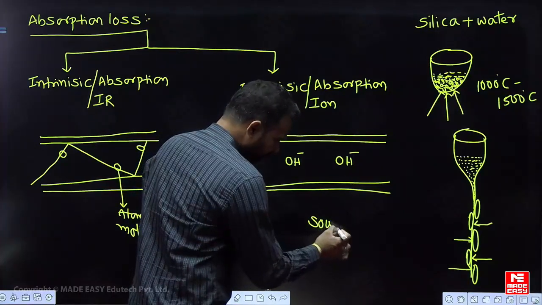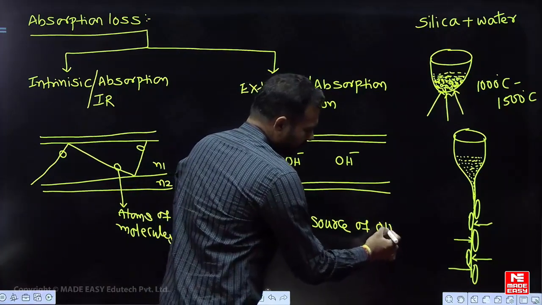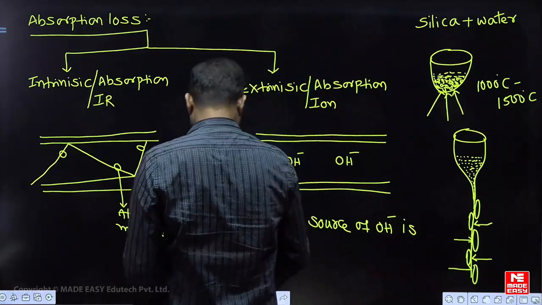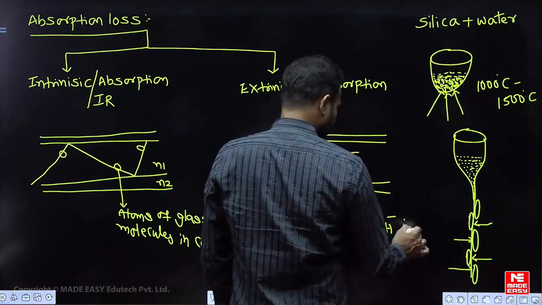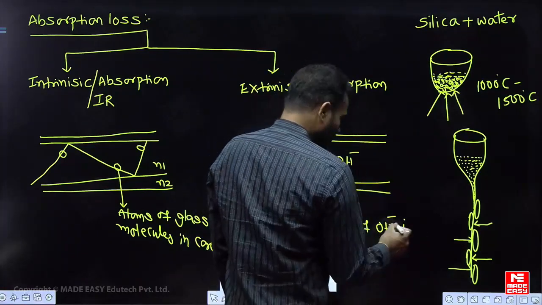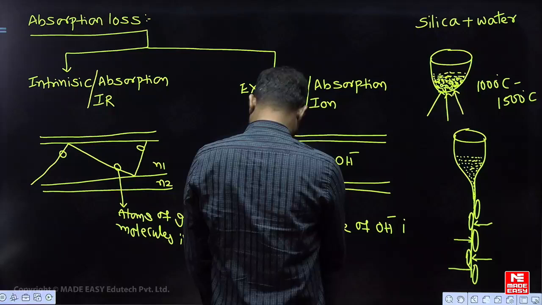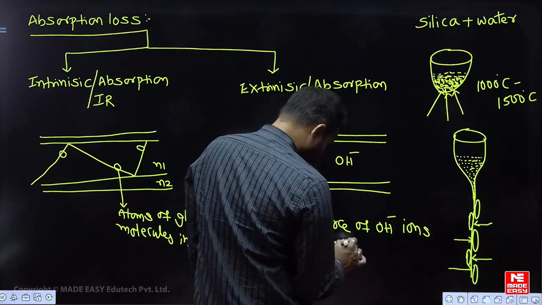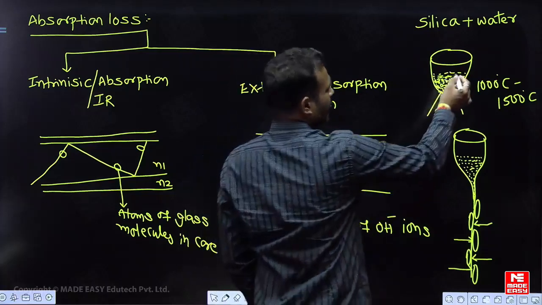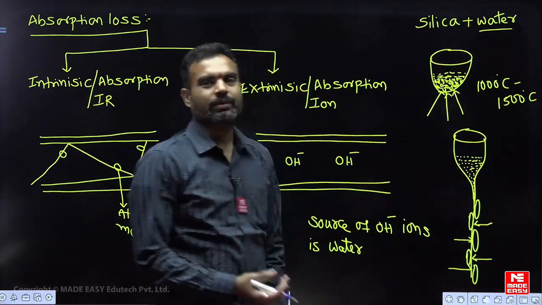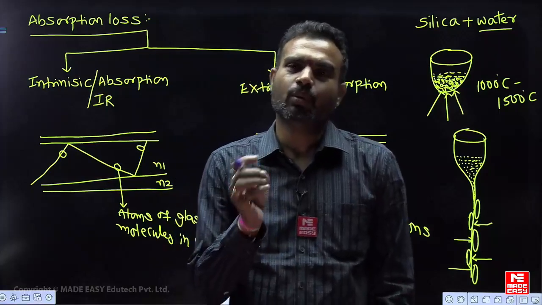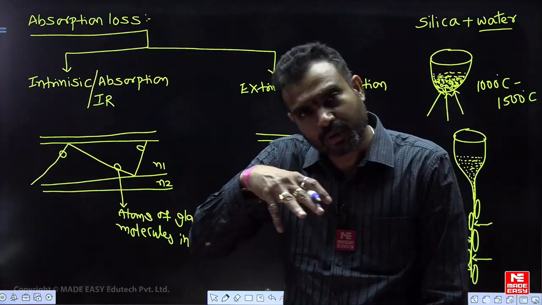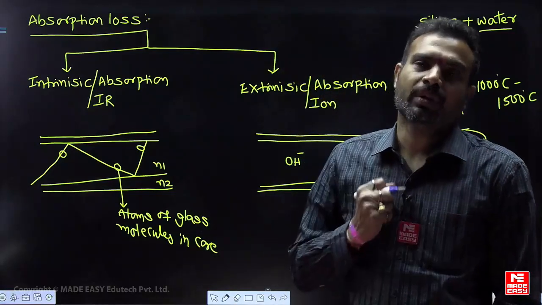The source of OH minus ions is water. When water gets mixed in, it traps some OH minus ions in the fiber, and when the light passes through those OH minus ions, they start absorbing it.